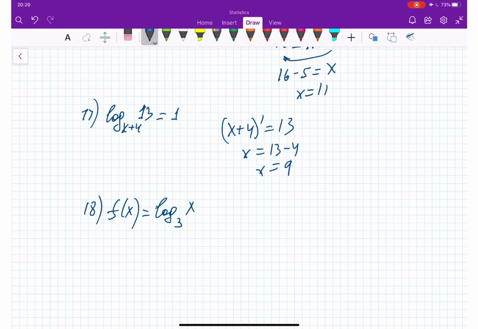At the bottom you can read if it's a log function or exponential function, and the graph will look like this. This is going to be 1, because when y is equal to 0, x is equal to 1. So 3 to the power 0 is going to be equal to 1. And the graph is going to go like this.